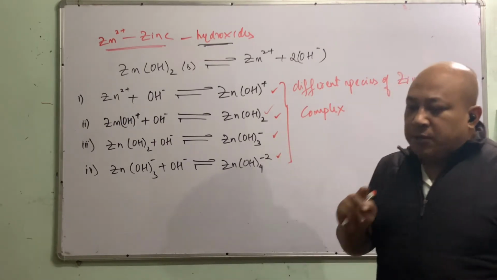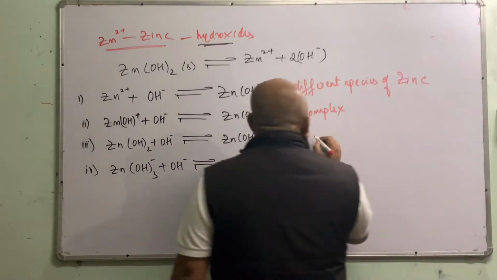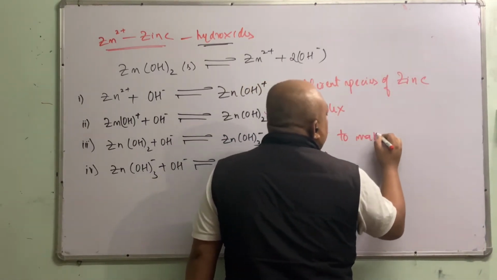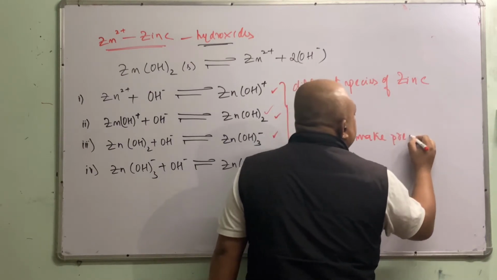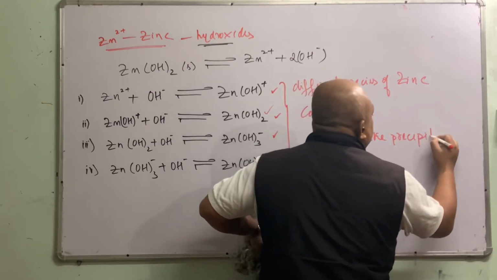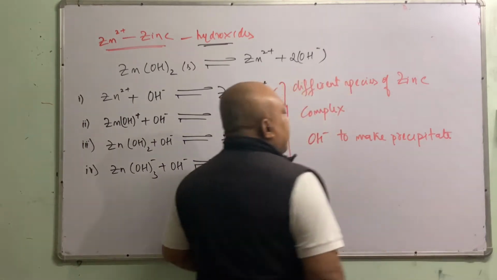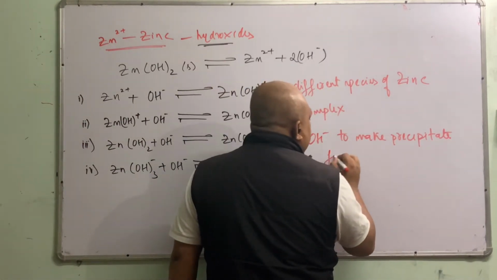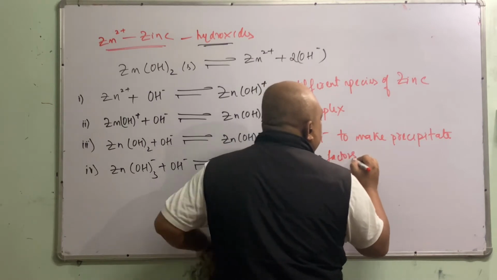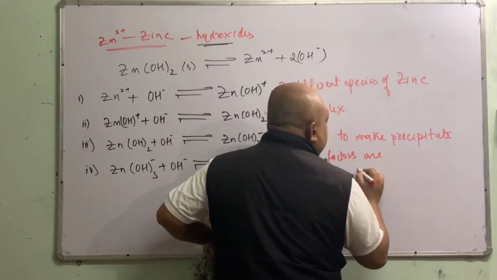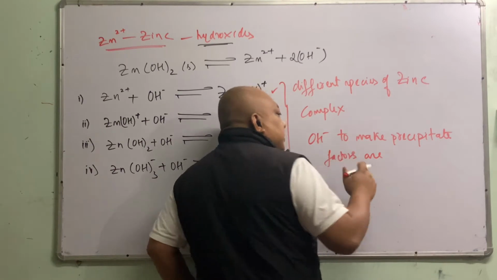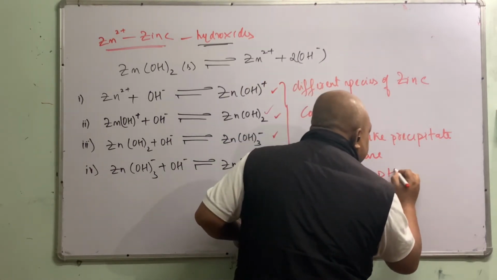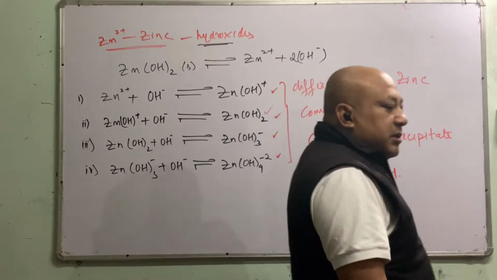So for OH to make a precipitate, number one, the factors are: you are adding more and more OH, which means pH will increase. Therefore, can I say pH is one factor? Am I correct?